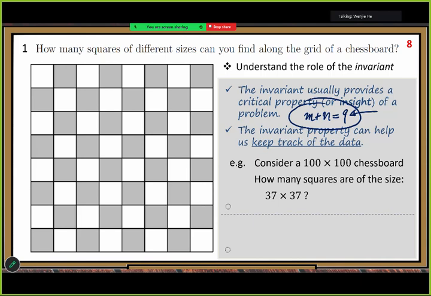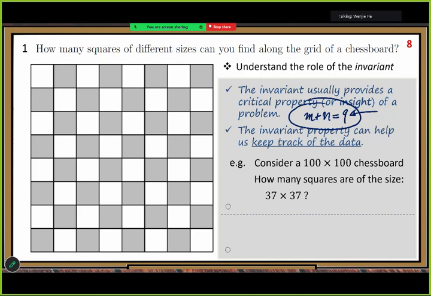Because the side of the standard chessboard is 8, right? 8 units, 8 unit squares. So 1 plus the side number. The side number is 8, so 8 plus 1.